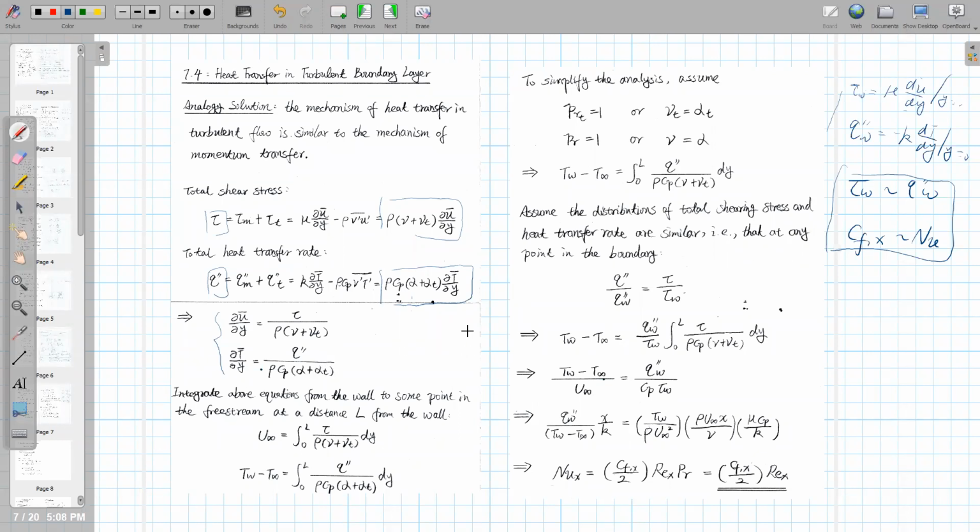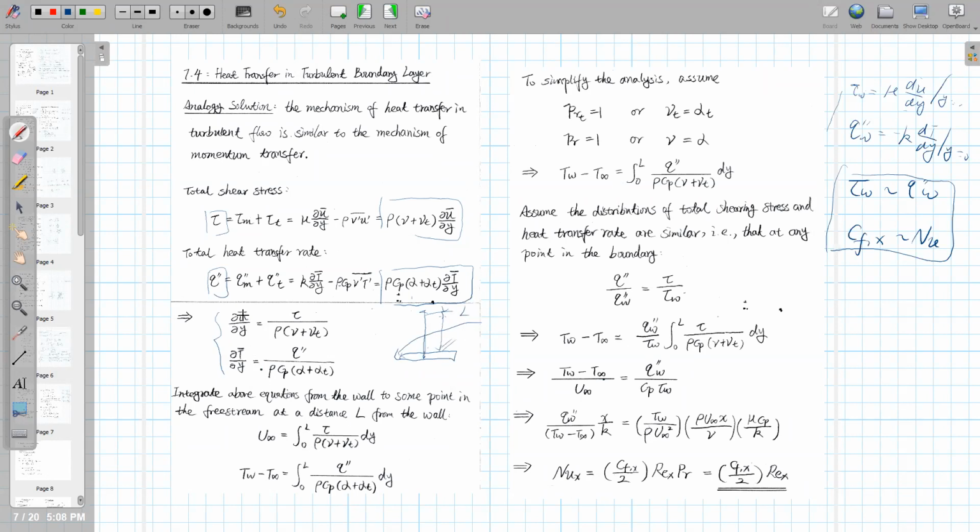Then we integrate the above equations from the location at the wall to some point in the free stream at a distance L from the wall. Assume that this L is large enough, outside of the boundary layer.